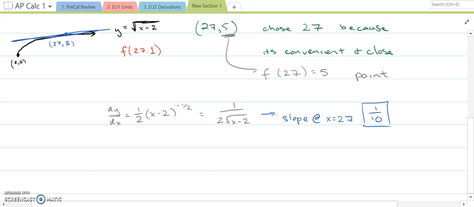It would be y equals the linear approximation y. So I'm actually going to change it from being equals to this approximation symbol. 1/10 (x minus 27) plus 5.